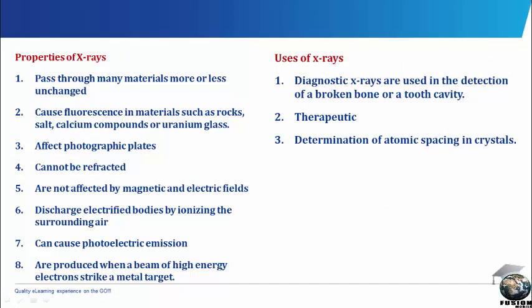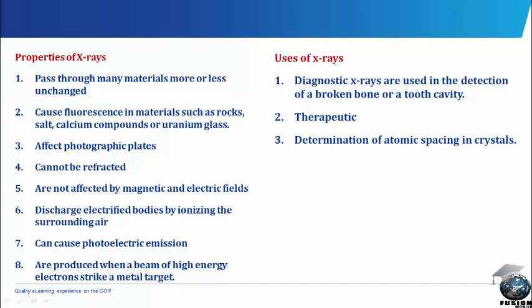Properties of X-rays. X-rays pass through many materials more or less unchanged. They cause fluorescence in materials such as rocks, salt, calcium compounds, or uranium glass, and affect photographic plates, and cannot be refracted. Yes, they cannot be refracted in an empty space.